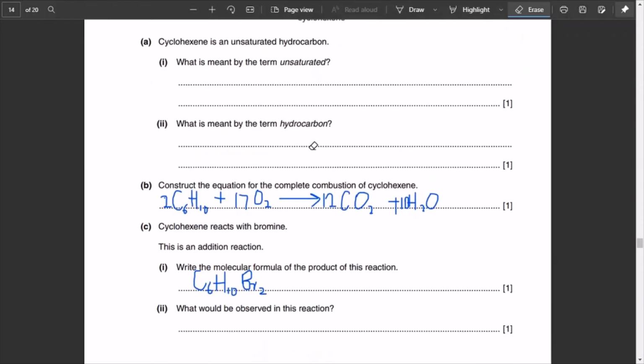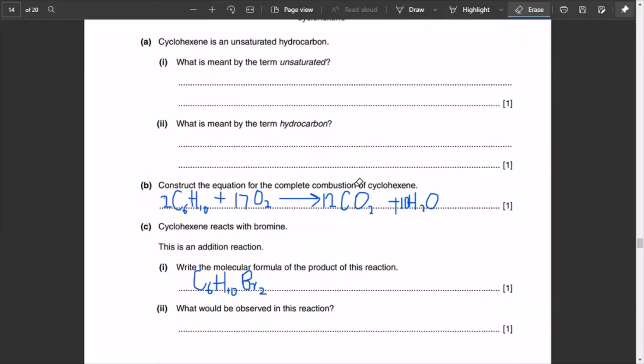Moving on to part B. Construct the equation for the complete combustion of cyclohexene. This is how we're going to do it: C6H10 plus oxygen. Always remember carbon dioxide and water will be formed. All you need to change over here is the moles.